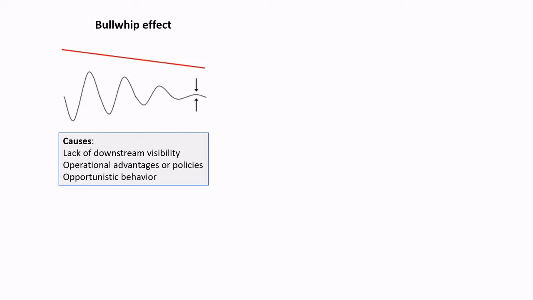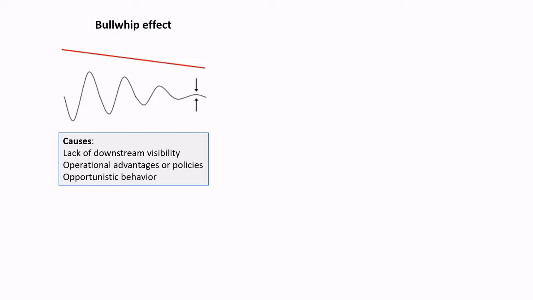The first one is lack of downstream visibility. What does it mean? If you are a raw material supplier, you are not aware of how the actual customer demand behaves. You only receive the signal from your direct customer in the chain.